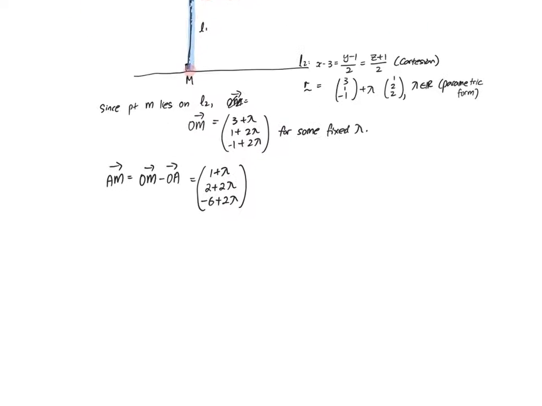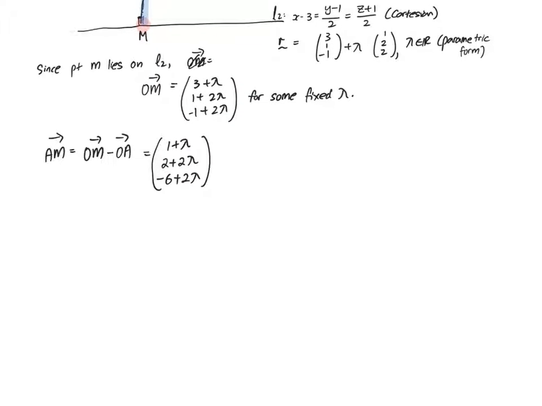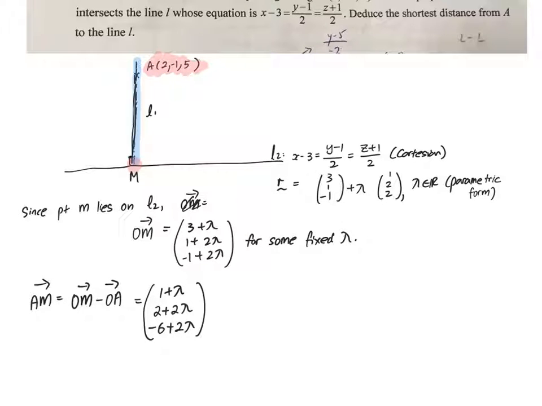Then you remember that we're taking AM and we're trying to dot product this direction vector AM with the direction vector of the line. So what's the direction vector of the line? You should remember it's actually (1, 2, 2).